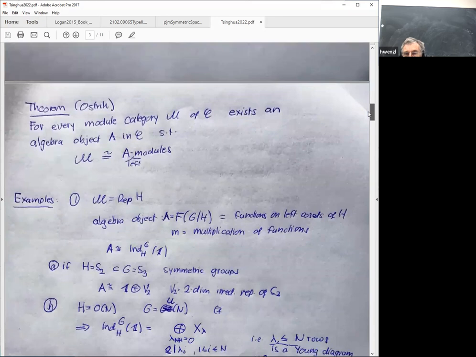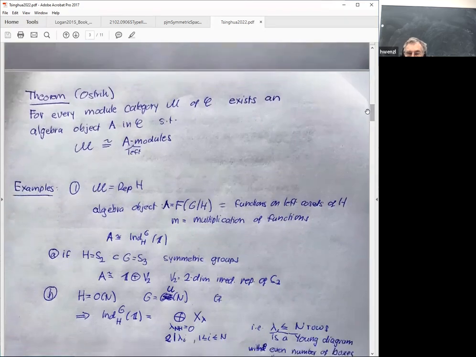So now the important thing about this is the theorem by Ostrik, that we can characterize a module category via categories of A modules.